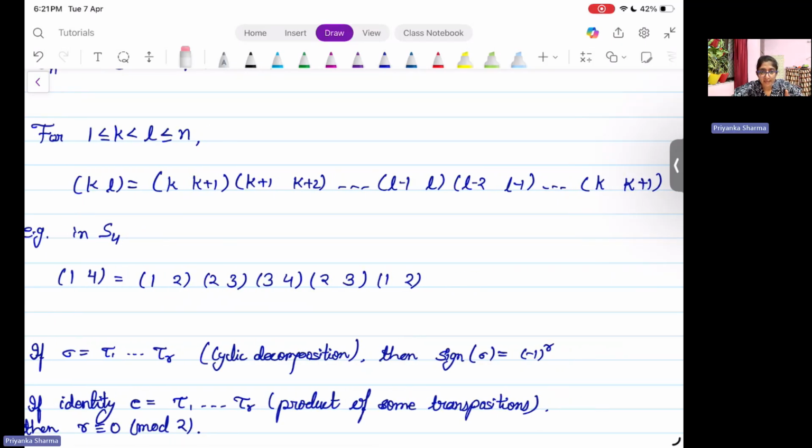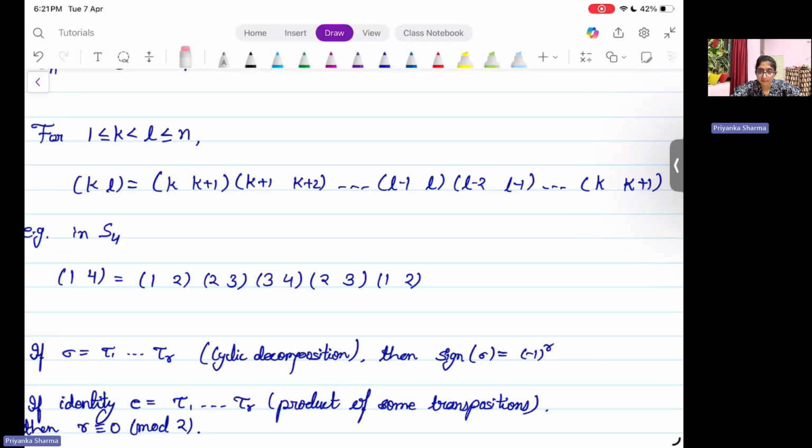Suppose we have In and we have two elements K and L with this ordering, that is 1 is less than or equal to K, which is less than L, which is less than or equal to N. Then this transposition KL will be written like this. We start from K and then increase the second element in the transposition by 1, that is K, K plus 1.